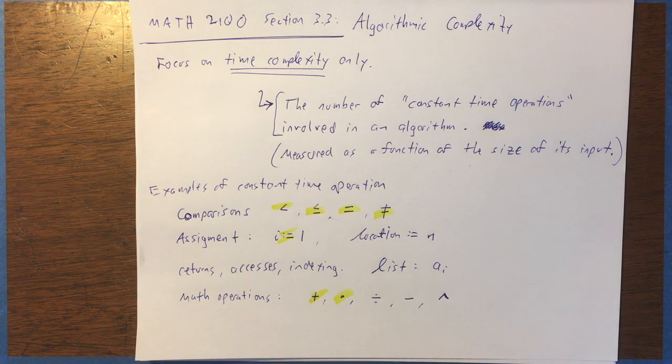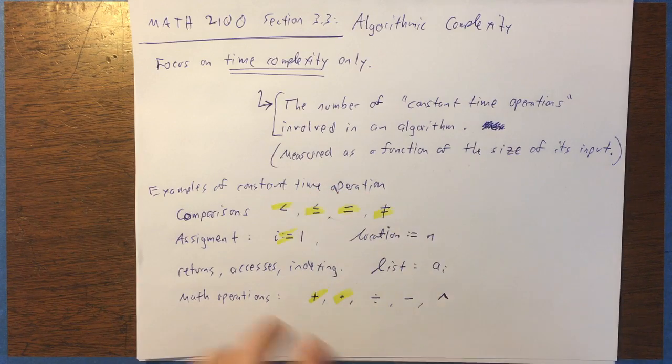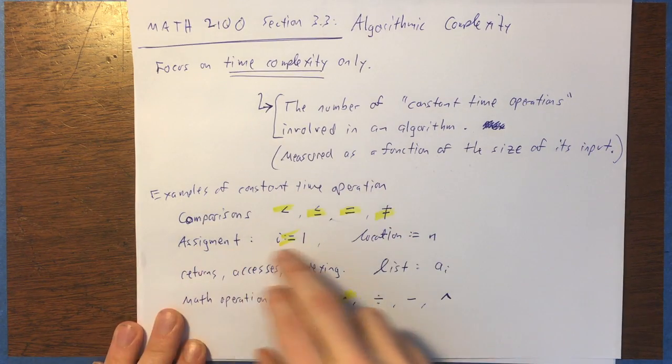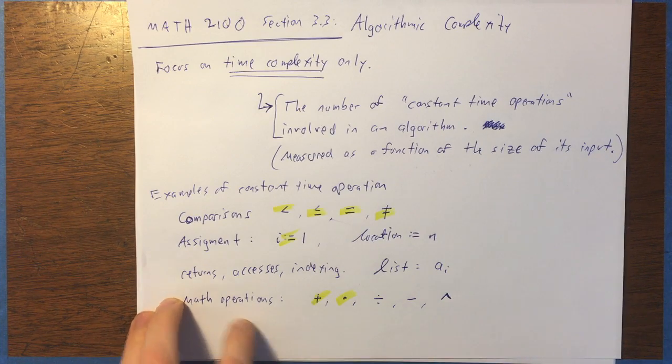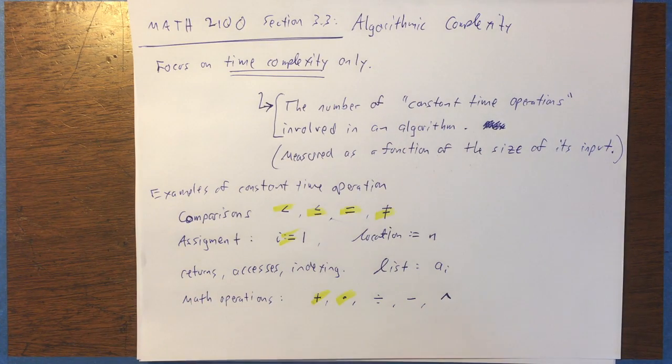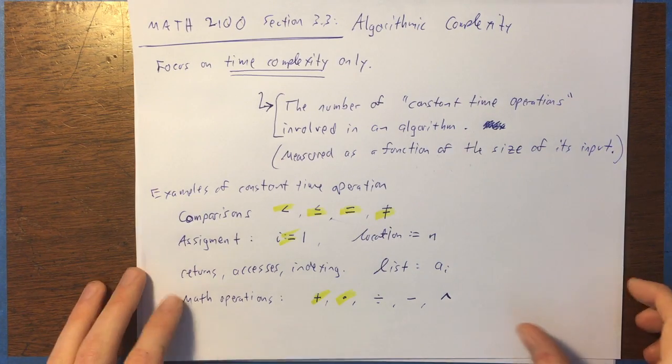It turns out that a lot of times we don't care that much about the comparisons used in a loop, or about indexing, or about assigning the value of an index. A lot of times we ignore the minor parts and focus on the more significant portions of the algorithm. But I'll explain that a little more as we go.